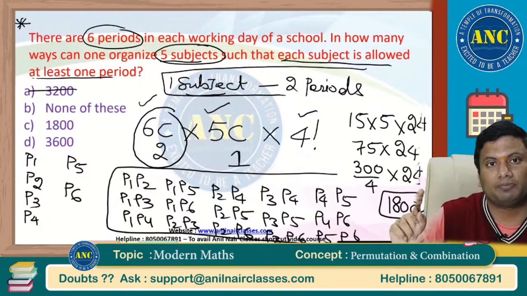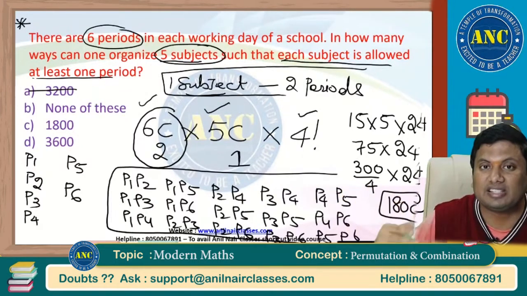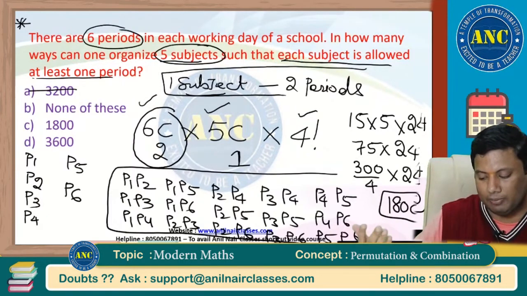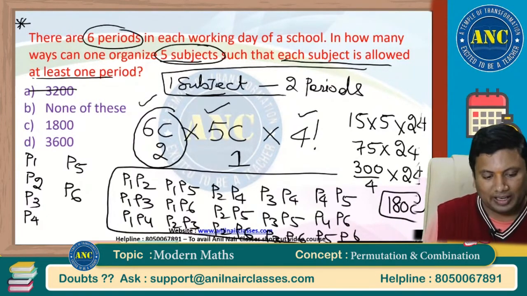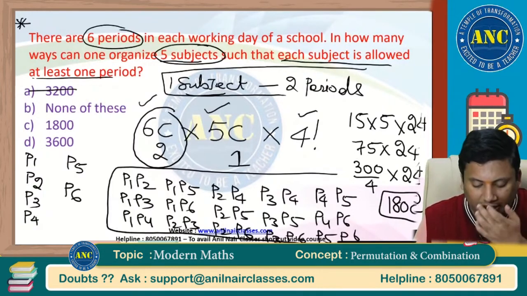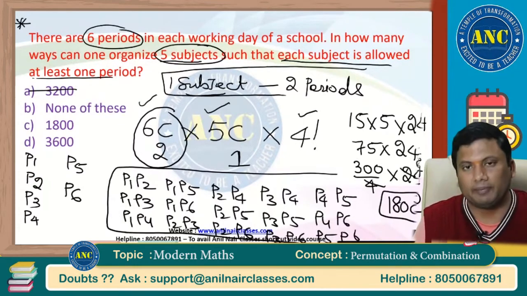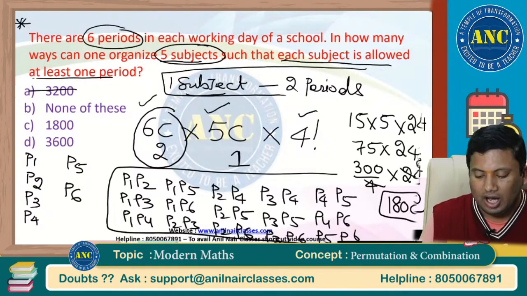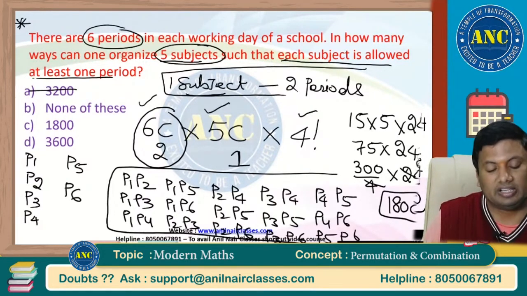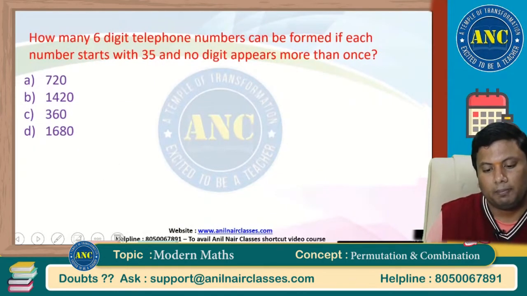Out of 5 subjects, select one, 5C1. The remaining 4 subjects can come in 4 factorial. So the answer is 1800. I wrote 75 as 300 by 4 so that the calculation is the same, so 300 into 6. You can also go by the digital sum, but if 2 options have the same digital sum, be careful.